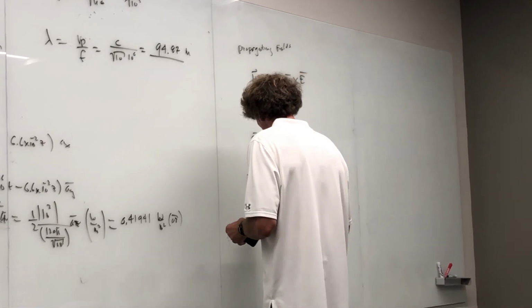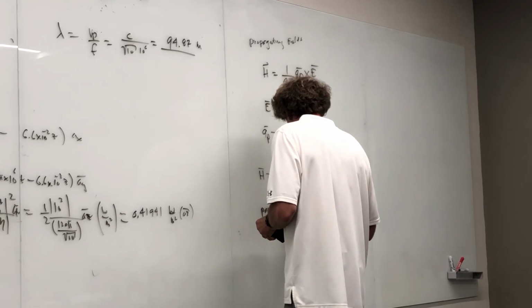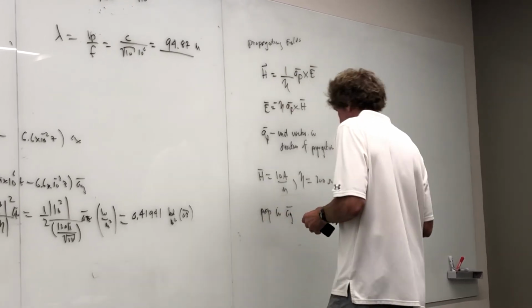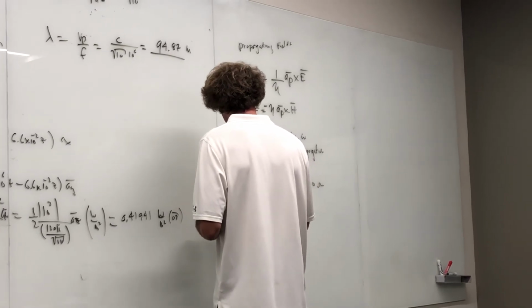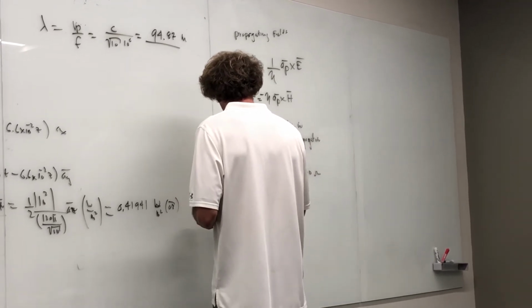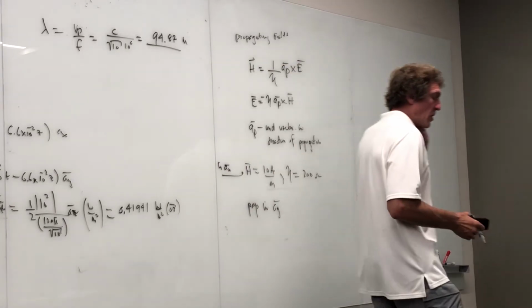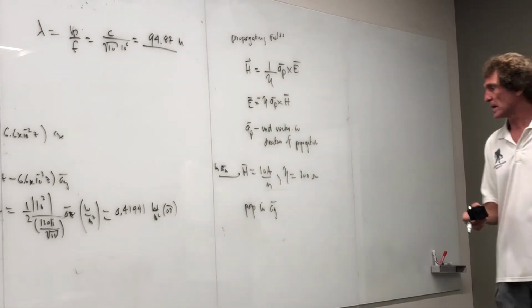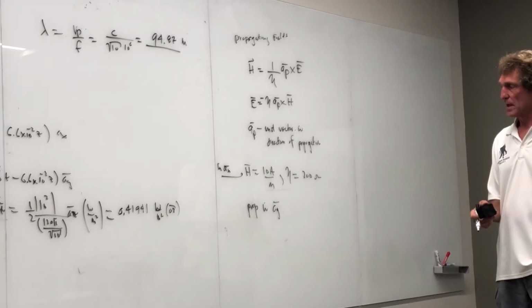And I'll say it's propagating in the AY direction, but H is in the AX direction. So H is in the X direction, and it's propagating in the Y direction.